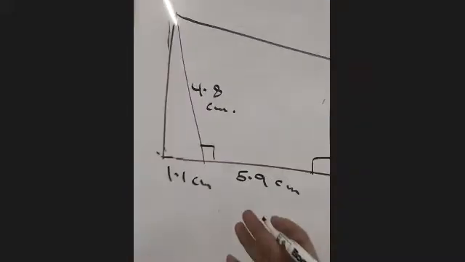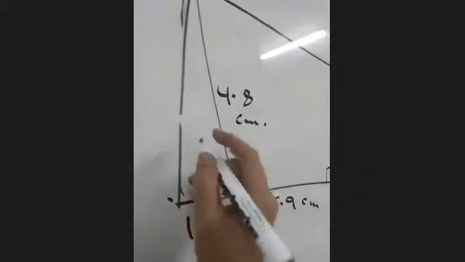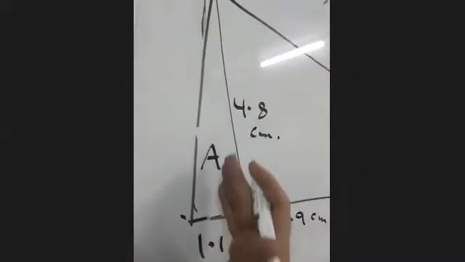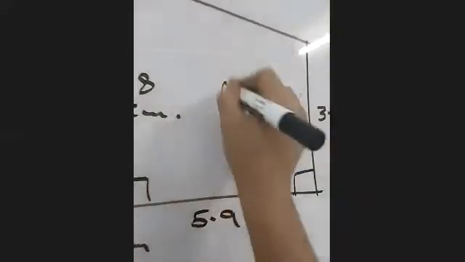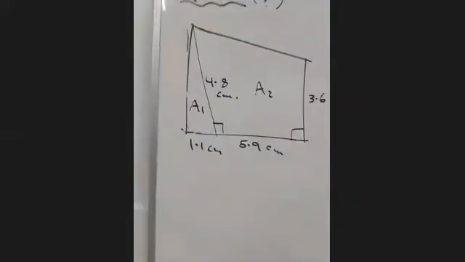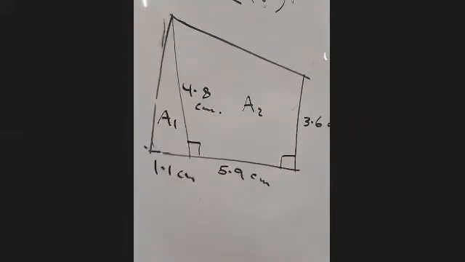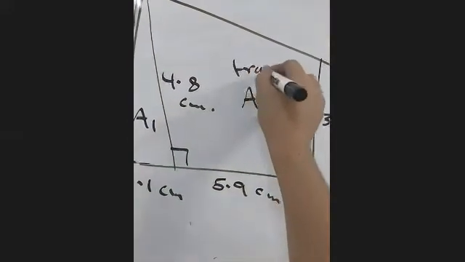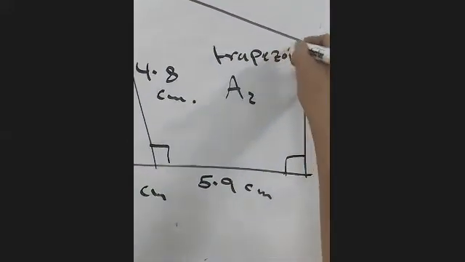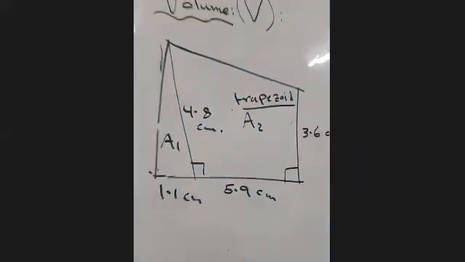What's your name? Khalid. Here we have, I think, two figures. A1 is a triangle. But A2, what is it? Parallelogram, I think. No. Trapezoid. Yeah, it's a trapezoid.